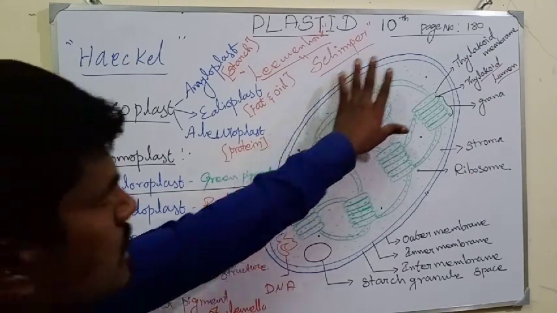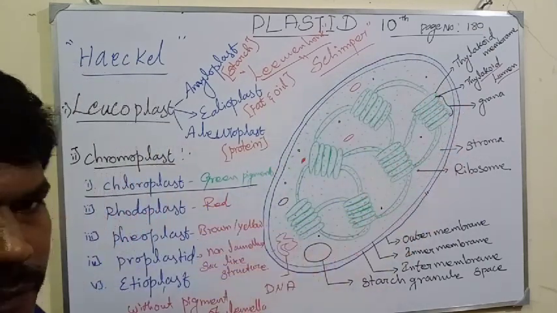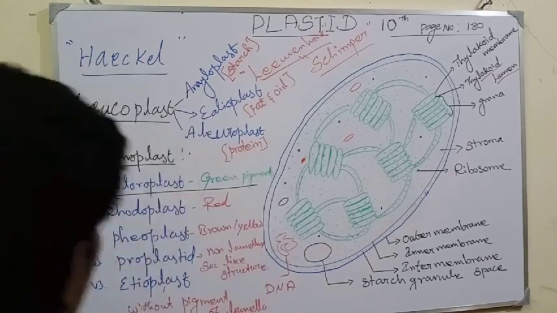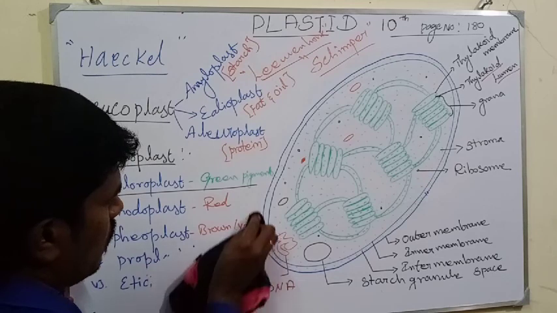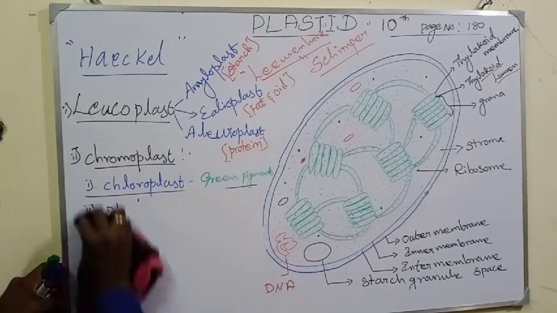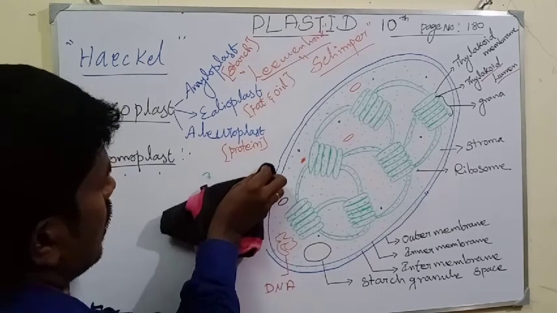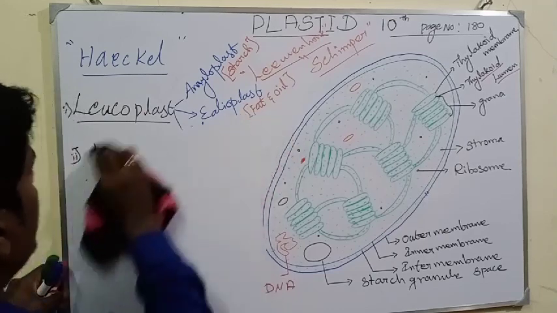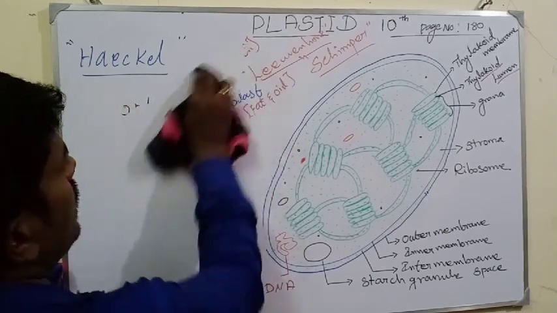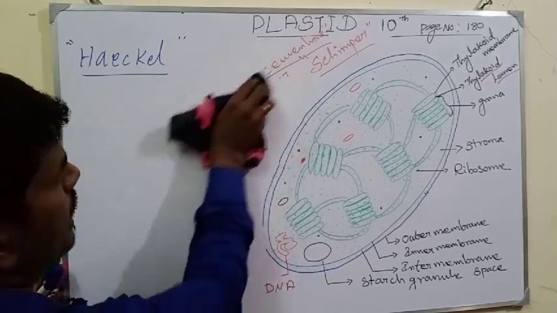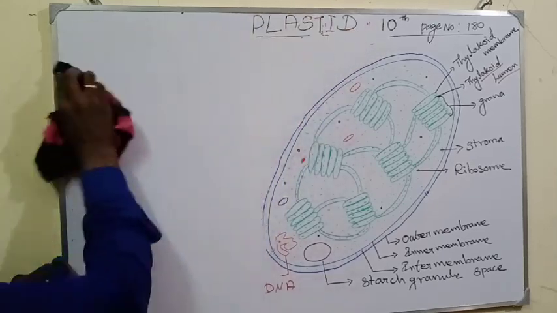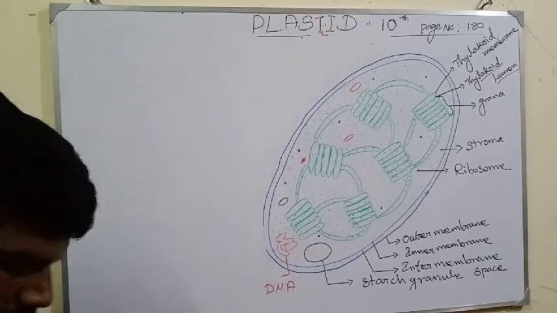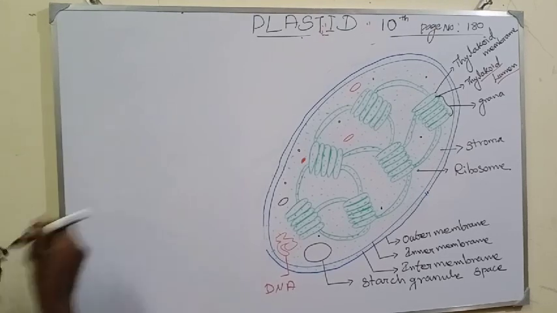In the structure of the chloroplast, the first part is the envelope. Envelope means the surrounding layer in the chloroplast. See, this is the chloroplast structure.